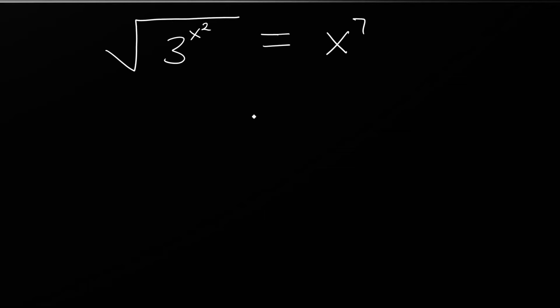Now we are given square root of 3 raised to x squared equals x to the power 7. Solution. Before we get started, let's understand that square root of a is the same as a exponent half.